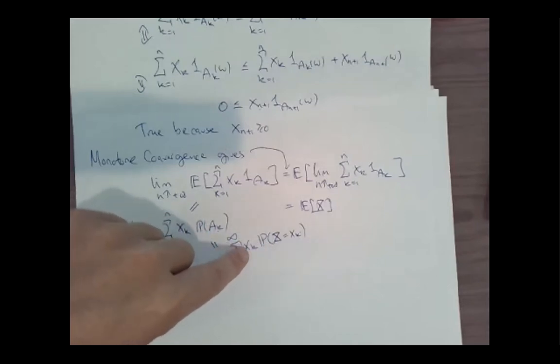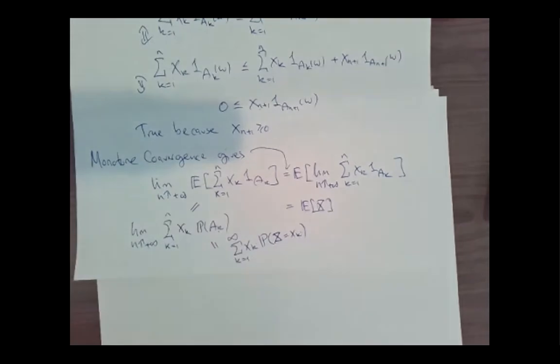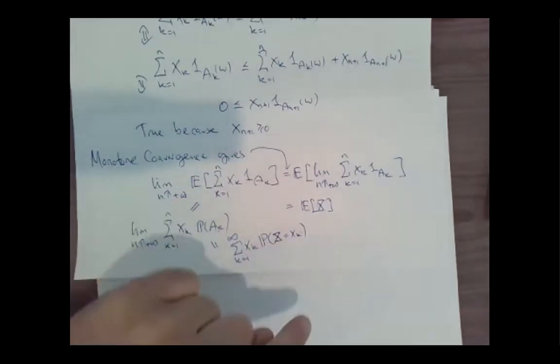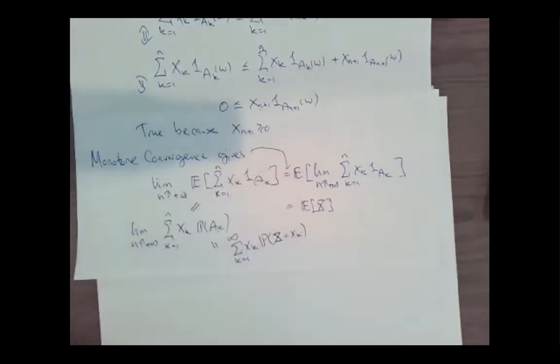So here we're allowing countably many sets. This one is more general than the measure property, where P of a disjoint union would be equal to the sum of the individual P's on these sets in that disjoint union.